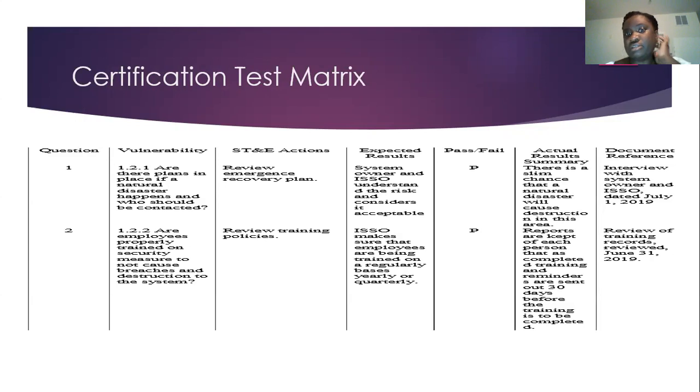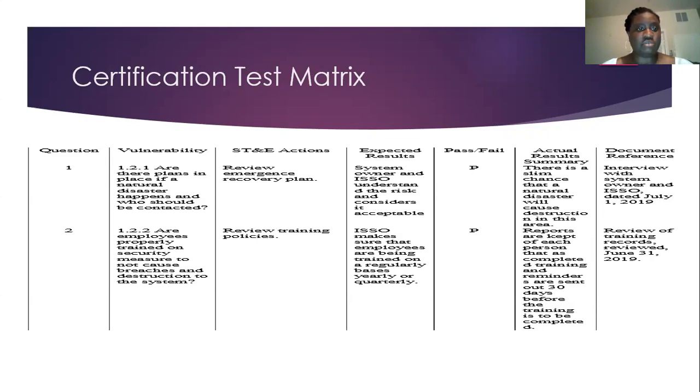Expected results, system owner and ISSO understand the risks and consider it acceptable. It passed. Actual results summary, there is a slim chance that a natural disaster will cause destruction in this area. Document reference, interview with system owner and ISSO.